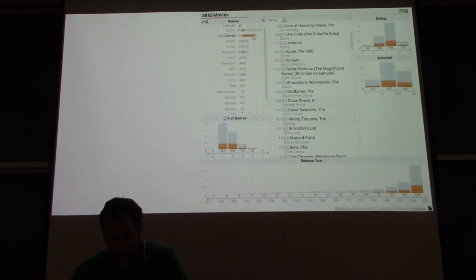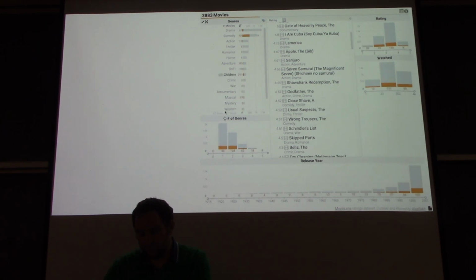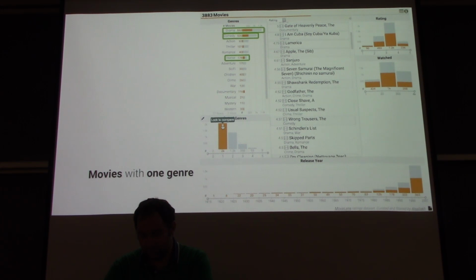When we point to comedy genre, AngrySet visualizes the characteristics of comedy movies using orange preview bars, including its relations with other genres. Among comedy movies, both drama and romance are common genres. 204 comedy movies also have romance. One genre movies are common among drama, comedy, and horror movies.